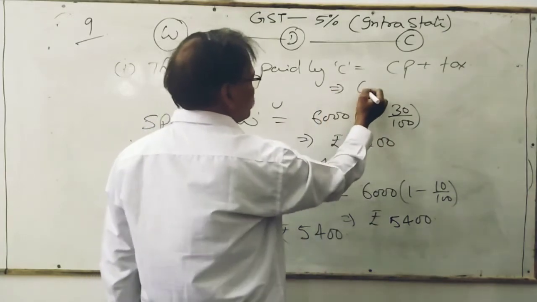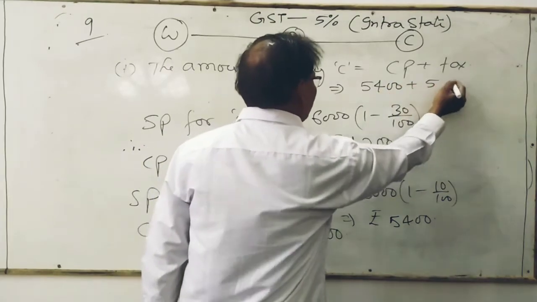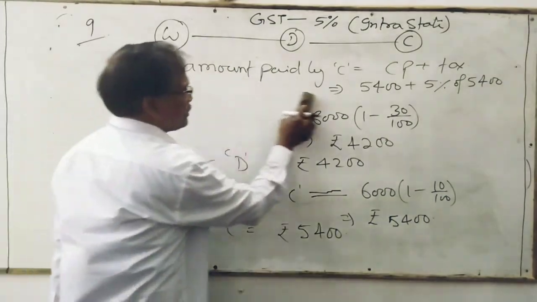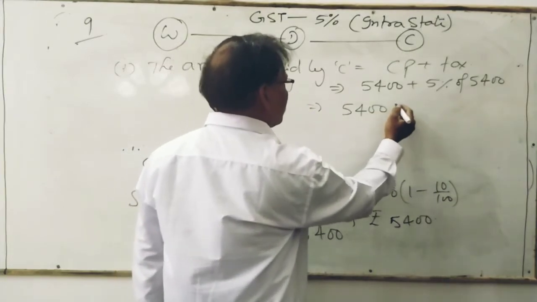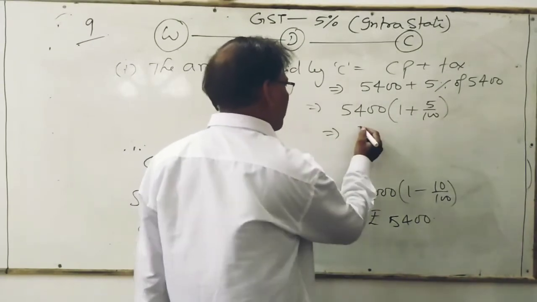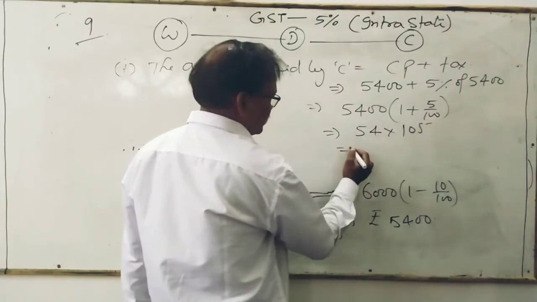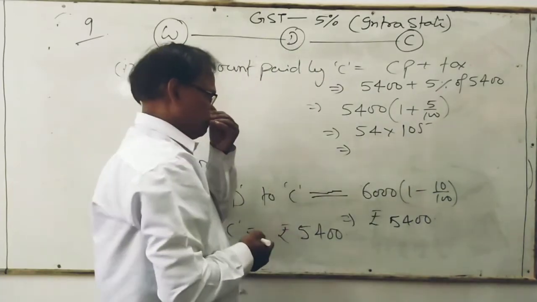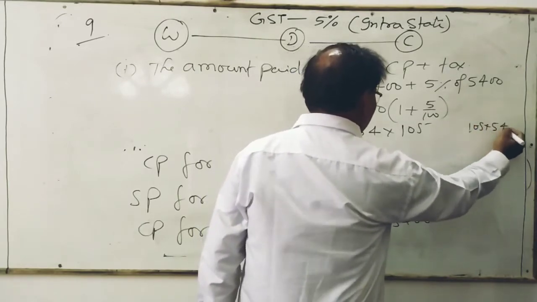So this is equal to 5400 plus 5% of 5400. Then 5400 into 1 plus 5 by 100, it will be 54 into 105. This is equal to 105 into 54.